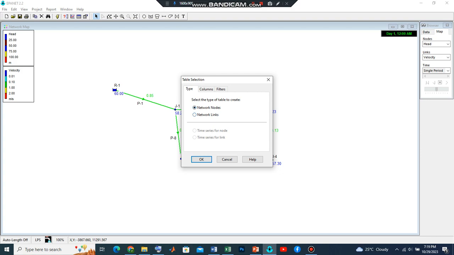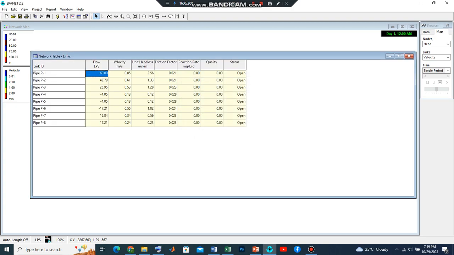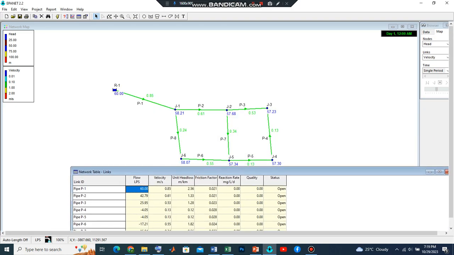Because we're dealing with the pipes for now, let's look at the links, and then you see a table has been generated. If you look at pipe 1, the value of the velocity is 0.85, which is showing here. And also for pipe 2, the value is 0.61, which is showing here. All these readings that have been generated as a result of the simulation have been tabulated.